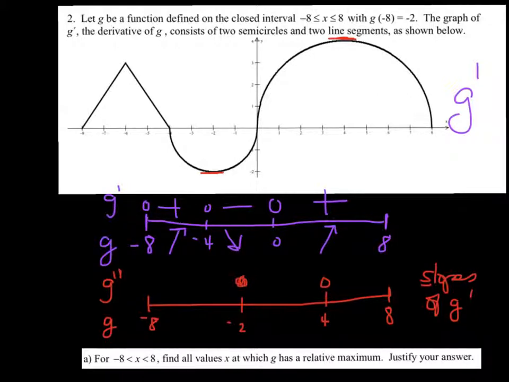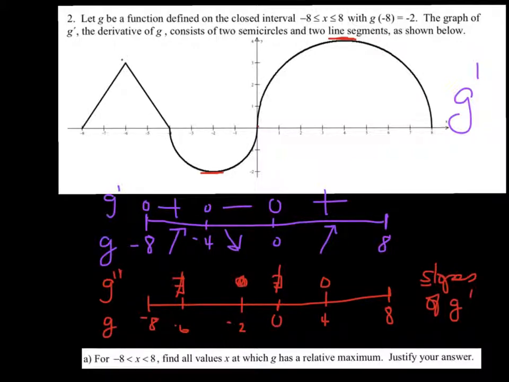Okay, the next question, are there any undefined values? Are there any places where the slope is undefined? We would say that at -6, and we'd also say here at 0. Do you see at -6 it comes to a point? So that would be undefined. And then also at 0, we have a vertical tangent, so we would say the slope is undefined at 0 as well.